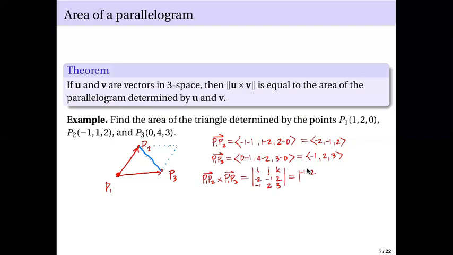So negative 1, 2, 2, 3, i minus determinant negative 2, negative 2, positive 2, negative 1, and 3 here. This is your j plus determinant for this guy, negative 2, negative 1, negative 1, 2, and then you have the k.